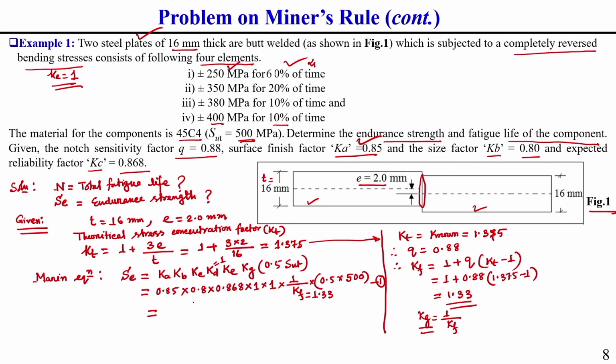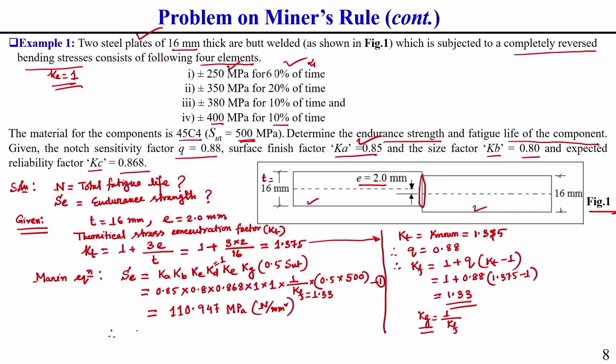Based on these things, we got the endurance strength value, which is equal to 110.947. Keep this in mind. This is in MPa, or 1 megapascal is 1 Newton per millimeter square, so you can directly write Newton per millimeter square also. So based on the Marine equation we got the endurance strength value.